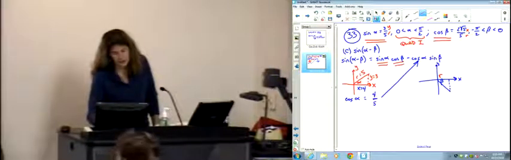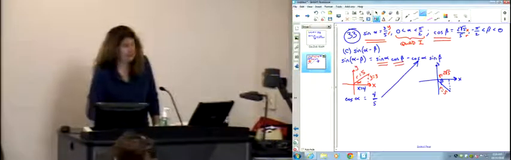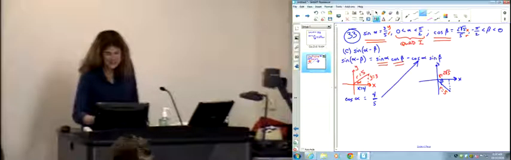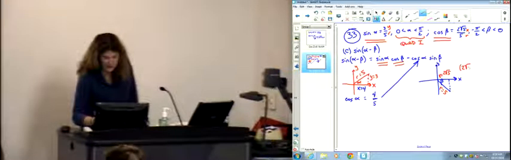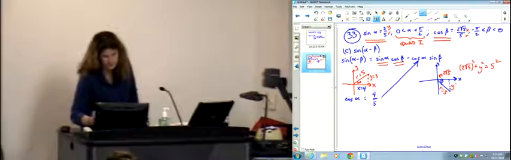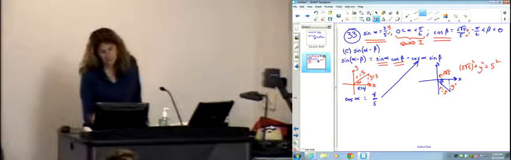So I'm going to label that x is 2 square roots of 5, and r is 5. This is not a common Pythagorean triple. Okay, so we'll go ahead and use x squared plus y squared equals r squared. And so what's 2 times the square root of 5 squared? We got what there?